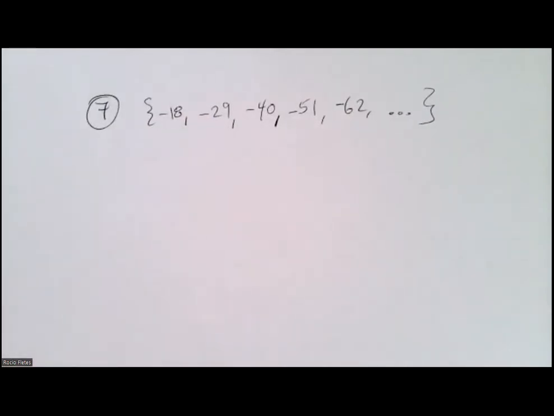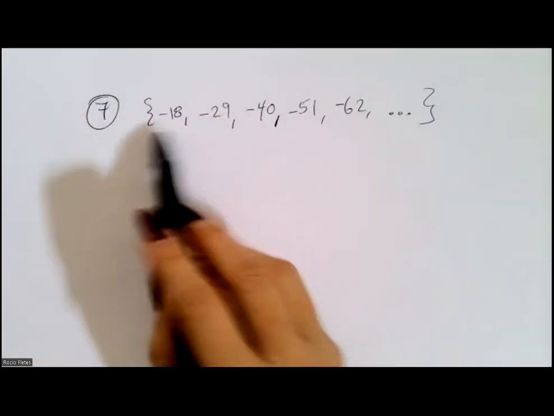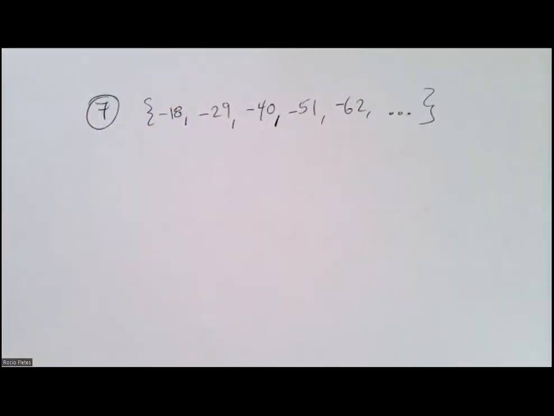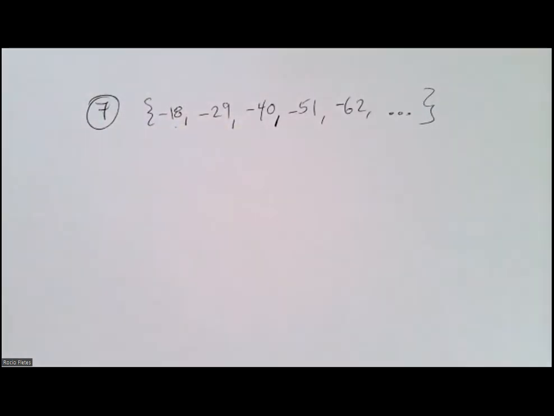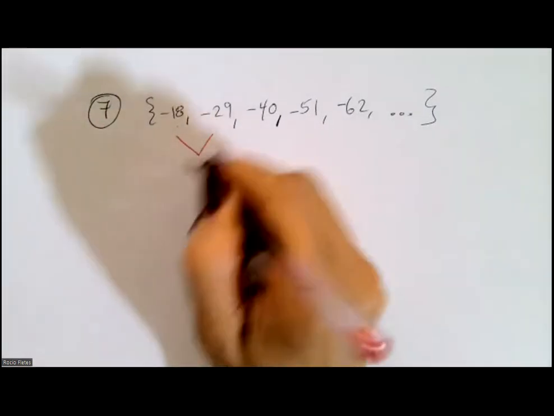One way to realize it is you can take 29 and 18, just make them positive, and see how far apart they are. The same thing will be true for negative 18 and negative 29. So if you subtract 29 minus 18, you see that they're 11 units apart.